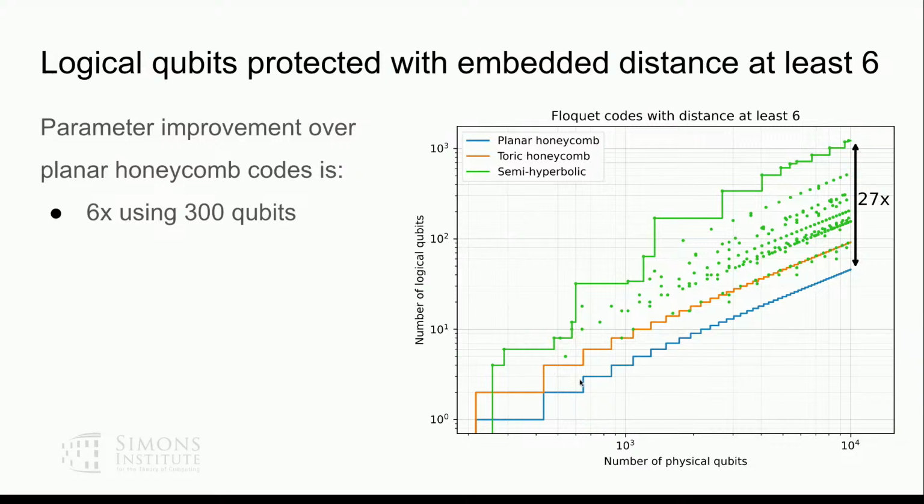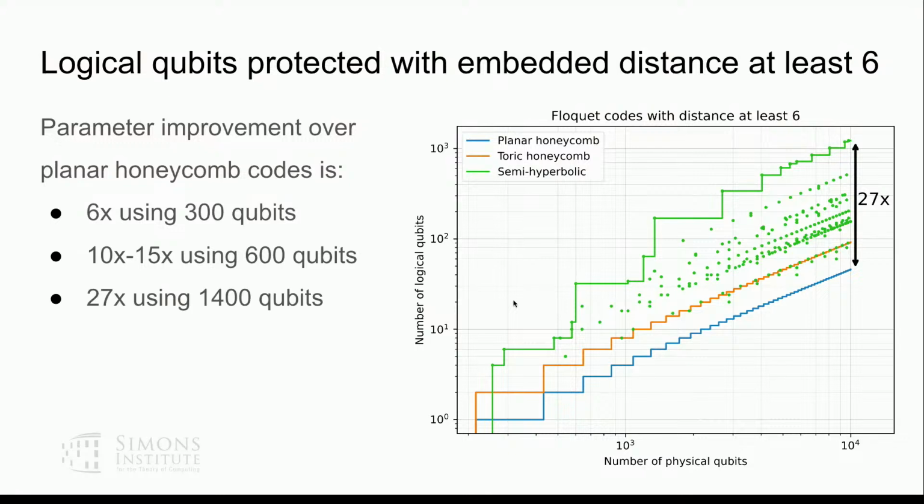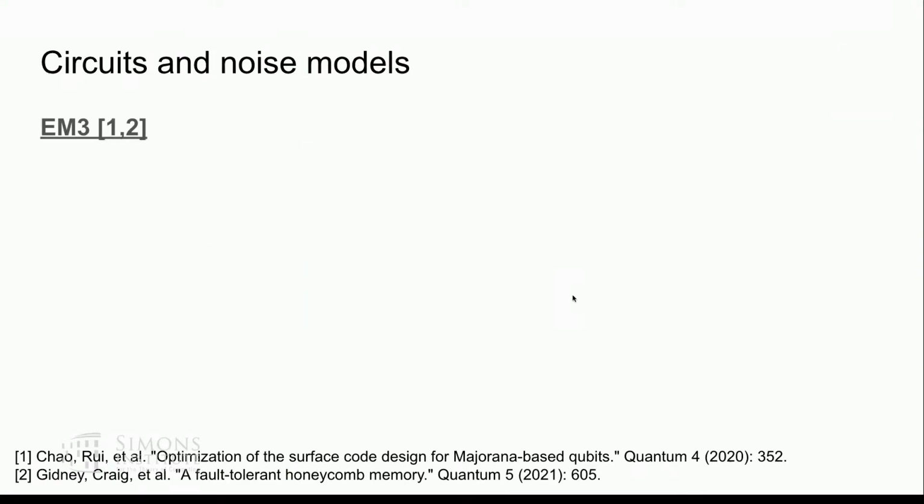We can see that even with, say, 300 physical qubits, you can obtain a 6 times improvement, with 600, 10 to 15 times improvement, and with 1,400 qubits, 27 times. So it's significant improvements relative to honeycomb codes. And I'm about to show you some simulations with this code, which I've circled in red here.